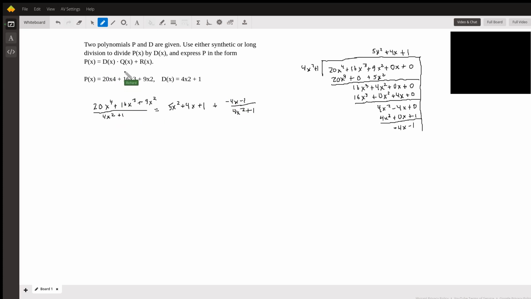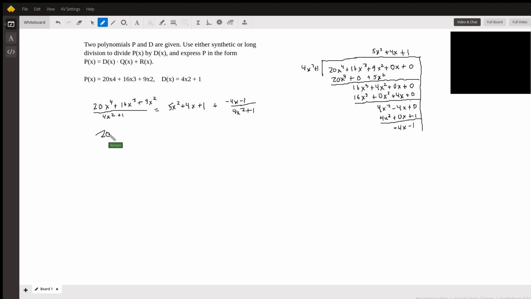But now we're going to multiply because we want this without the denominator. We multiply both sides by the denominator.